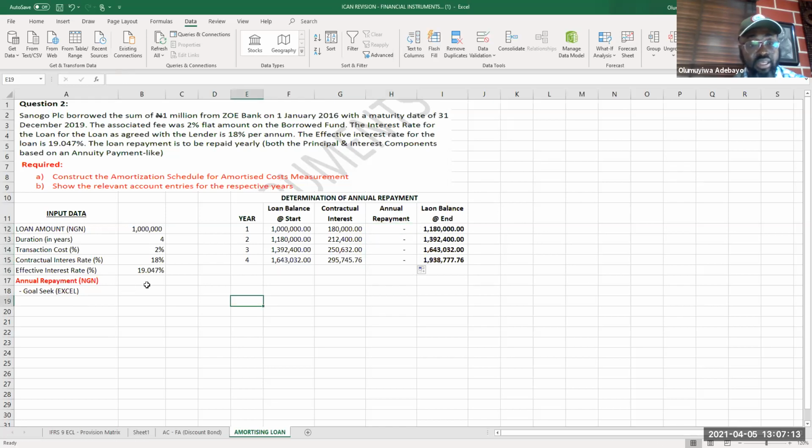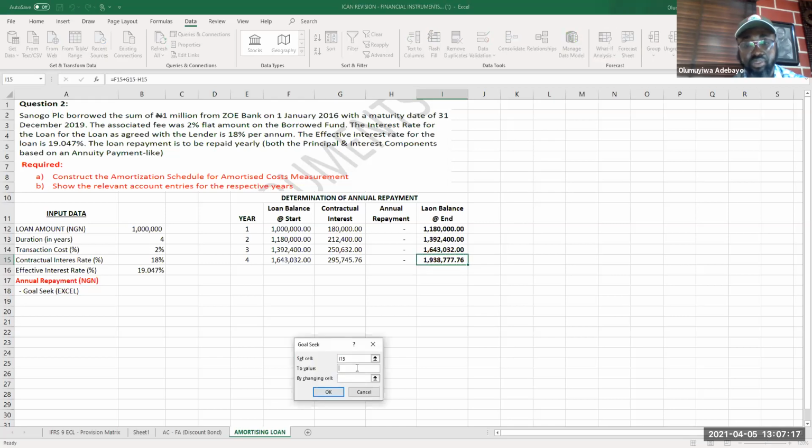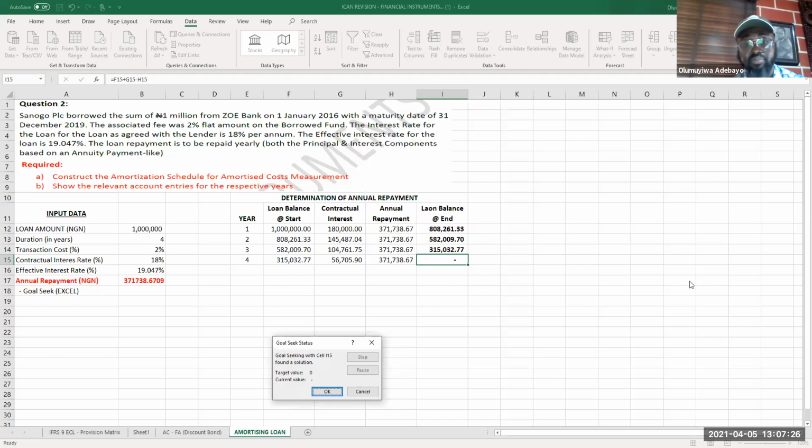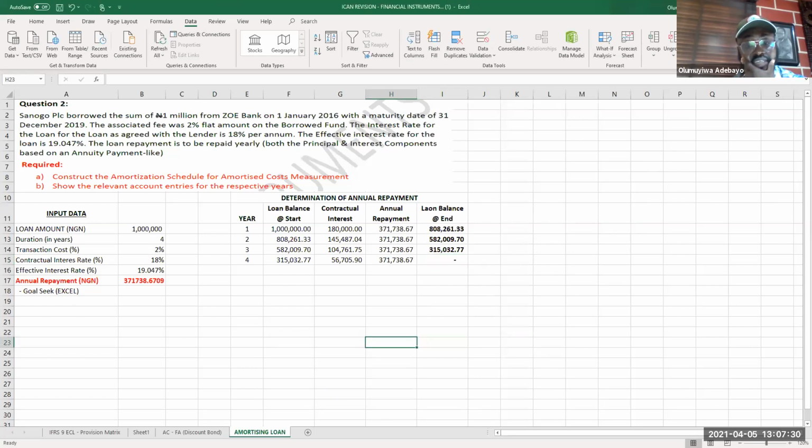Okay, therefore what should I do? My goal seek is 0. And what am I seeking? What is my annual repayment so that this is 0? It gives me the exact amount. If you check our answer, this gave me 371,738.67.